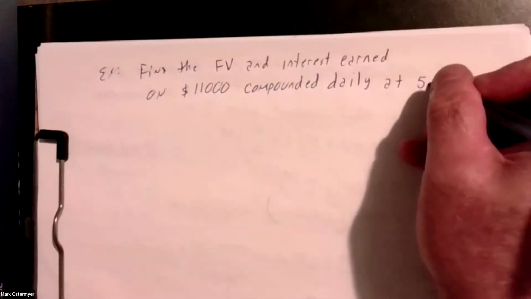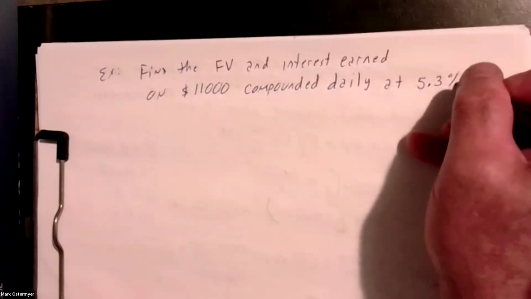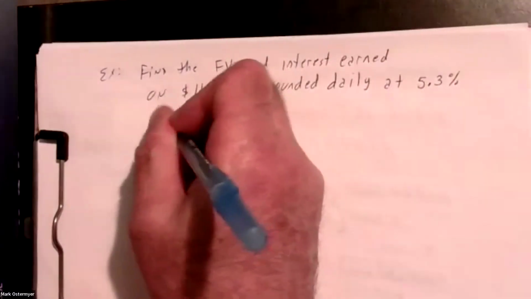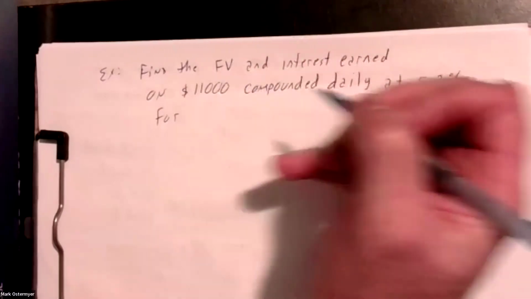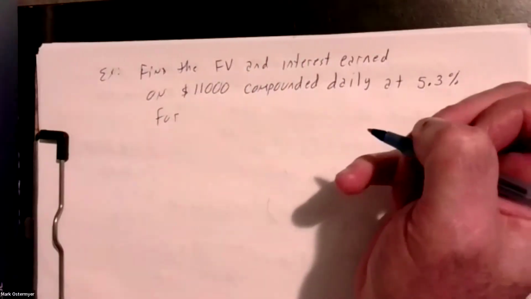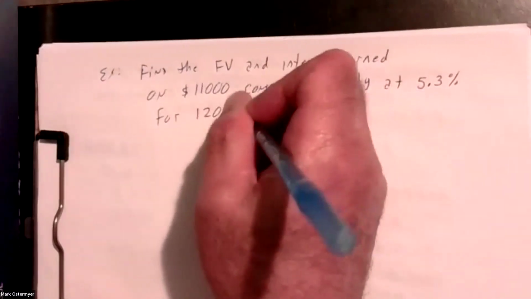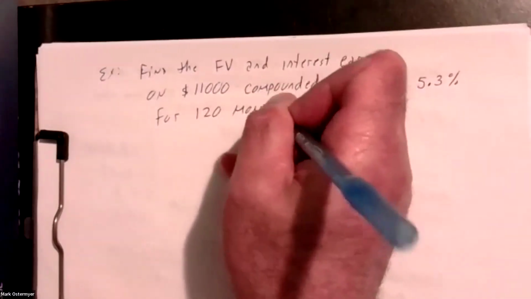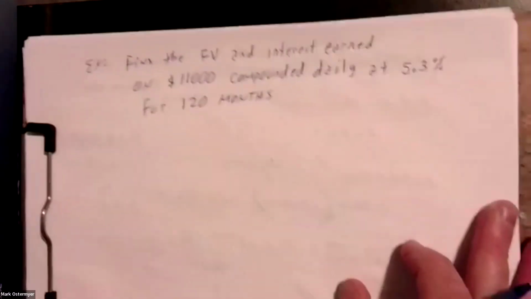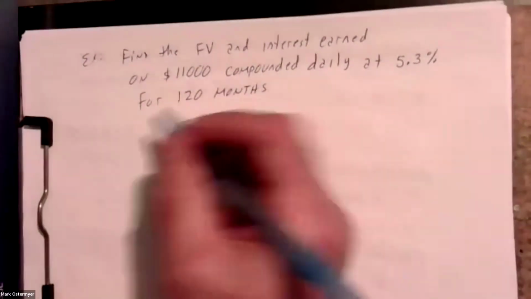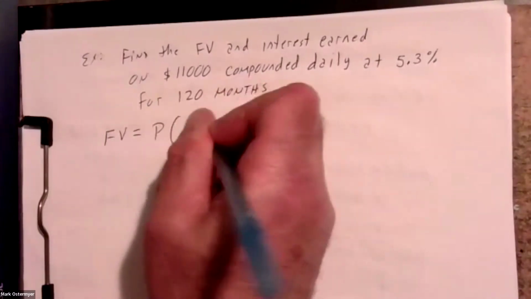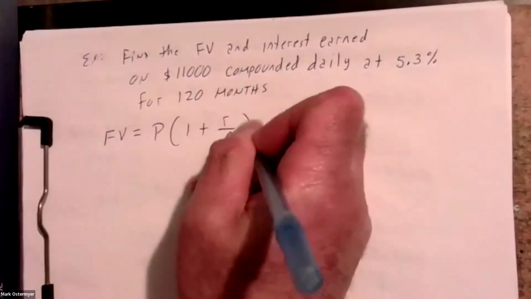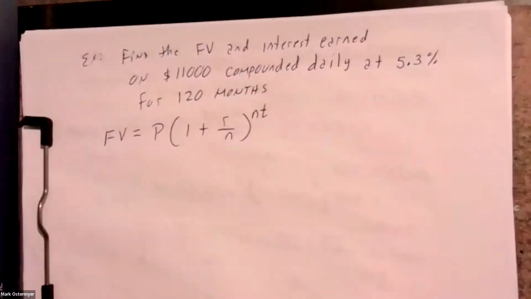Let's make it more interesting, at 5.3% for 6 years. Tell you what, let's make this even more interesting still. How about 120 months? There we go. All right, so we're going to use our future value compound interest formula here. Principal times 1 plus R over N, all raised to the N times T power.